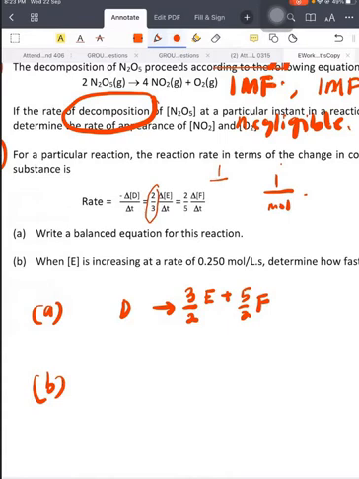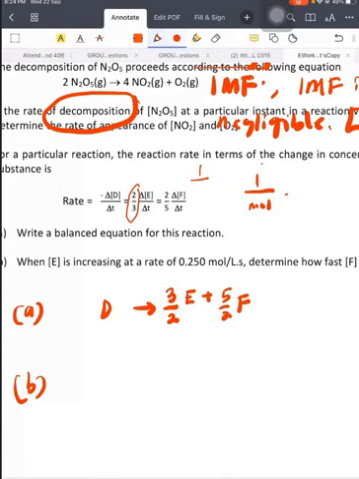Now if you refer to part B, it says when E is increasing at a rate of 0.250 molar per second, and we know our general unit for rate is always molar per second, mole per liter per second, or we can simplify it as molar s negative 1.